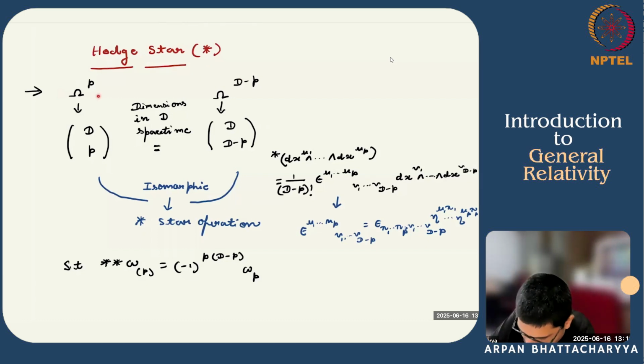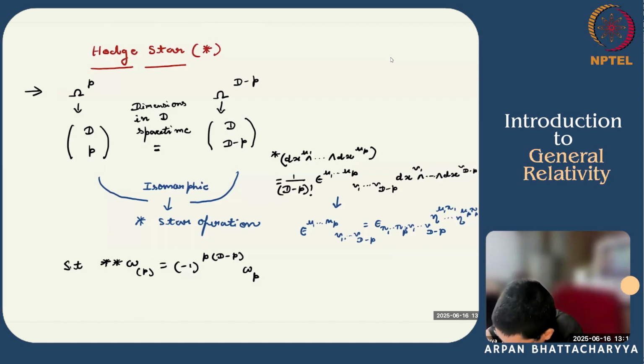So if you take the basis of this omega p, which is here, we can define the star operation this way. The basis of p-forms gives the basis of D minus p forms, which is multiplied with this Levi-Civita symbol, where the first p indices are up and the last D minus p indices are down, with this factor. Remember that the Levi-Civita symbol we have defined is a completely antisymmetric tensor. This is a generalization of that.